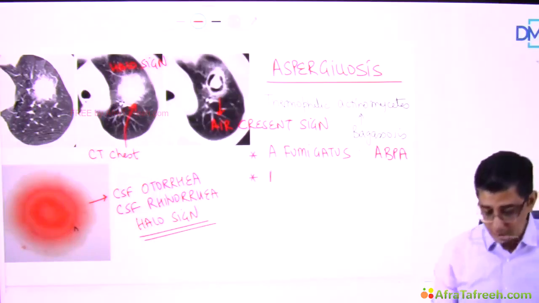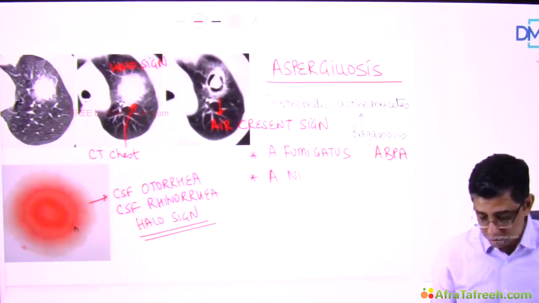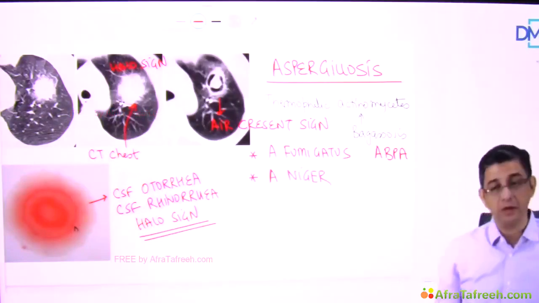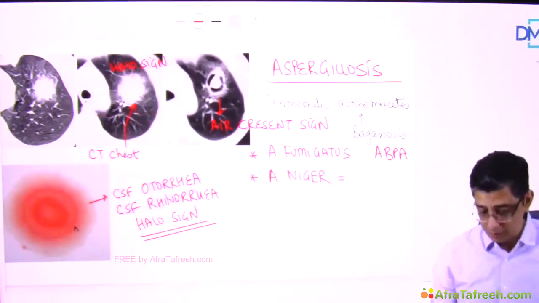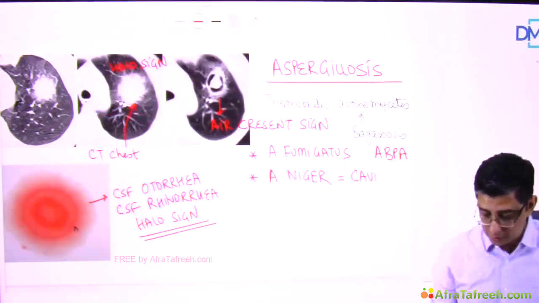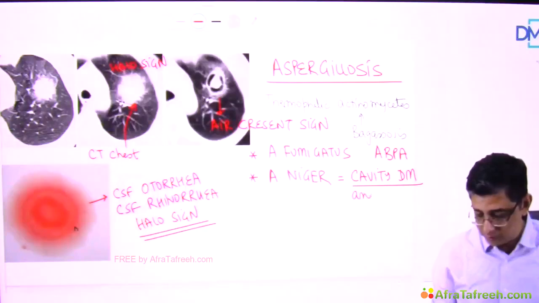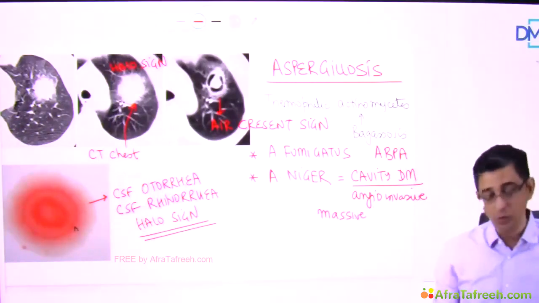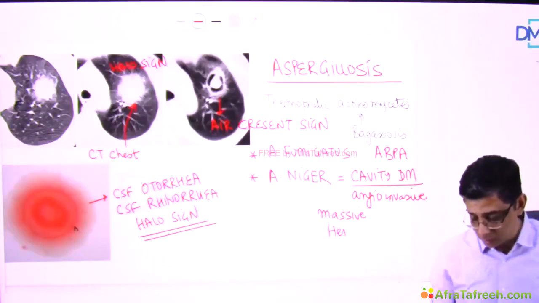Then, especially in diabetic patients, you could have an angio-invasive infection with Aspergillus niger. This can result in cavity formation, especially in diabetics. And the bad news is that this organism, being angio-invasive, can contribute to the development of massive hemoptysis. Lots of times, chronic pulmonary aspergilloma might go undiagnosed, or you might think it is tuberculosis or sarcoidosis.